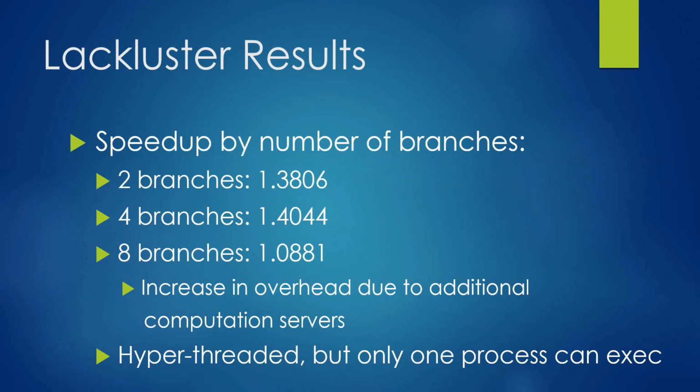The test was given for different numbers of branches throughout. Some only had 2 nodes, others had 4 nodes, and eventually went to 8 nodes, and we see that there is a steady increase up until we reach the 8 branches, where there is too much overhead.